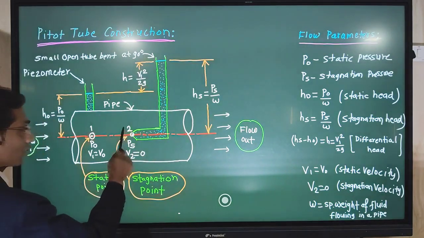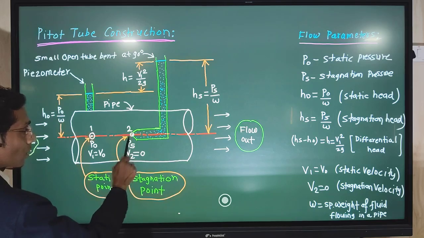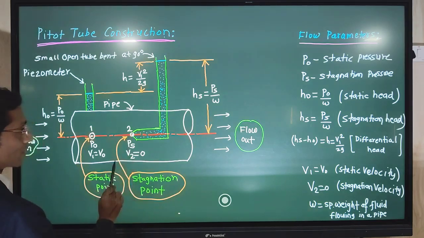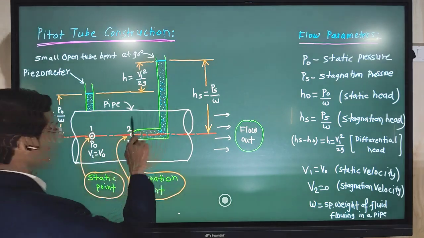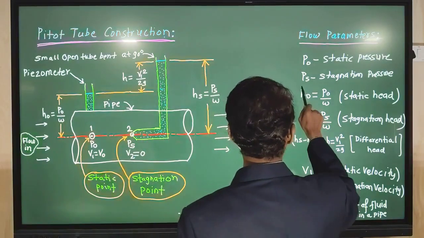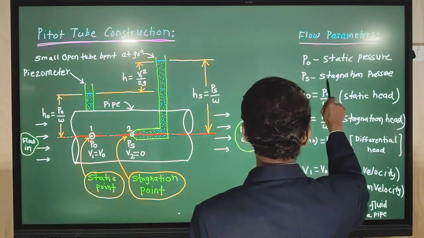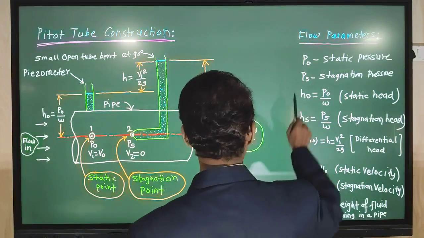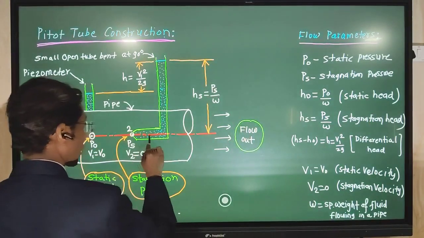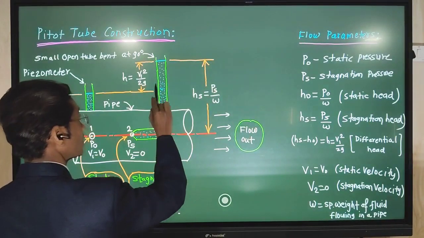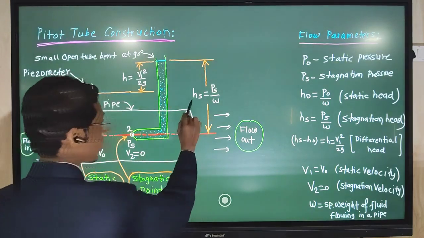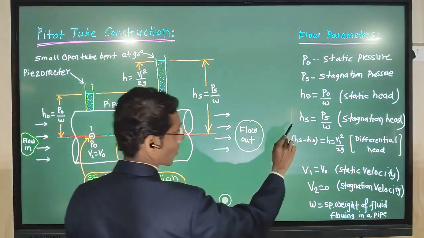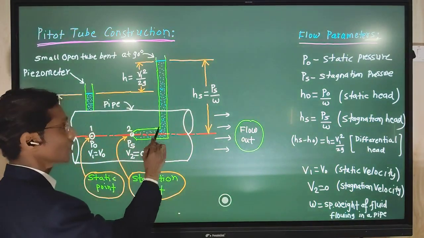So at point number 2, we call this point the stagnation point because the velocity is ideally reduced to 0. At this point the pressure we call PS, the stagnation pressure. Now this rise of pressure we see in the form of height, so for that we use the letter HS. So HS is the stagnation head.